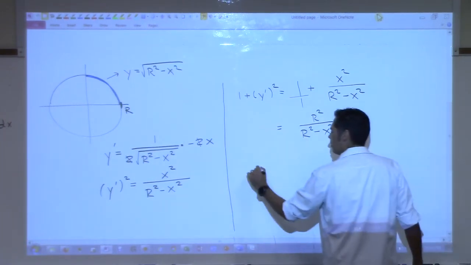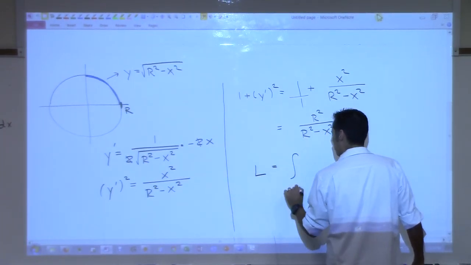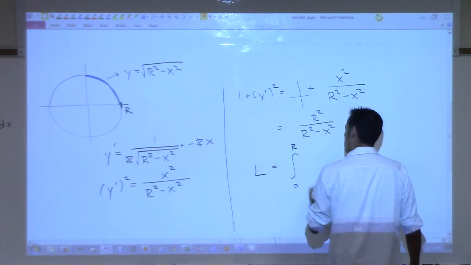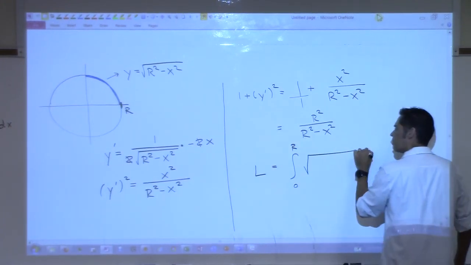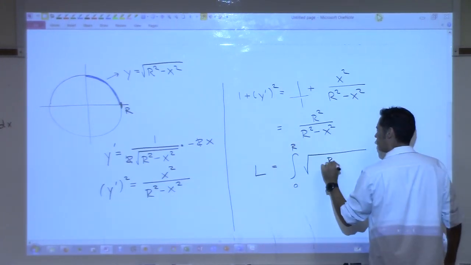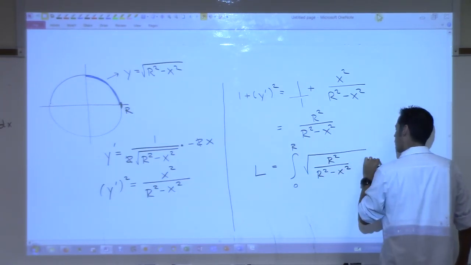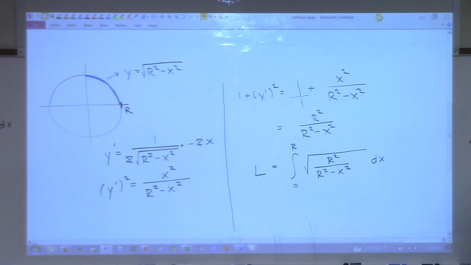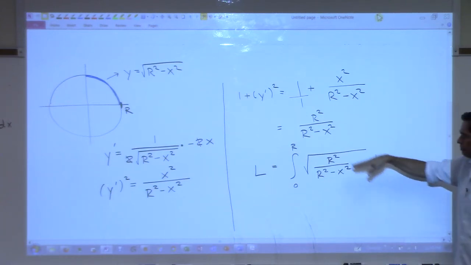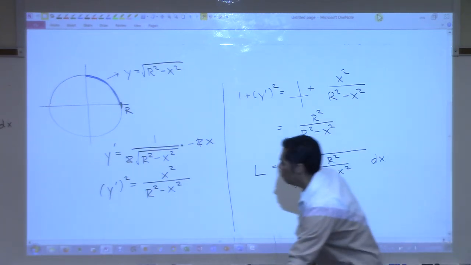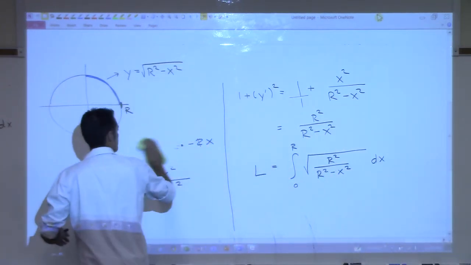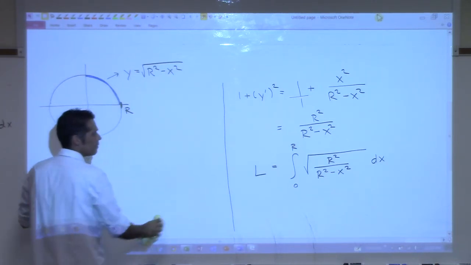The length of that blue piece should be the integral from 0 to capital R of the square root of that dx. Now, because I have a square root of a fraction, I can do the top and bottom separately, right? That means the square root of the top is just what?